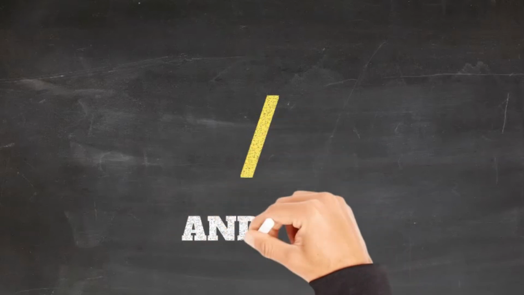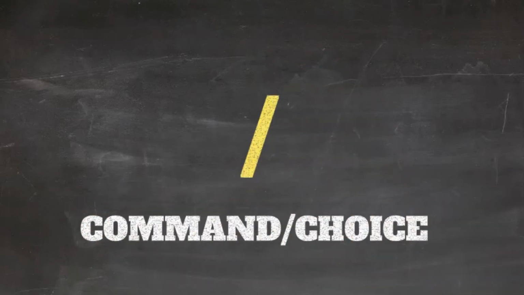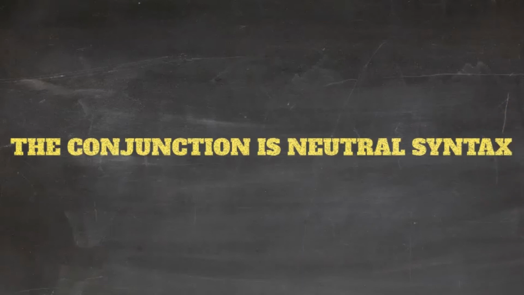This can be used to convey and or. The / can be used to convey either a command or a choice. The conjunction is neutral syntax that bridges prepositional fact phrases together, and or facts.